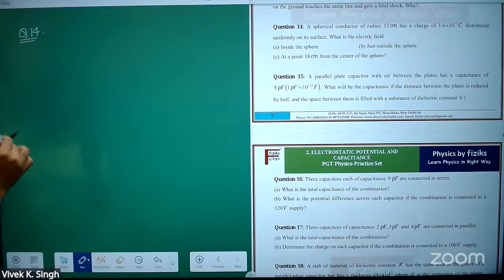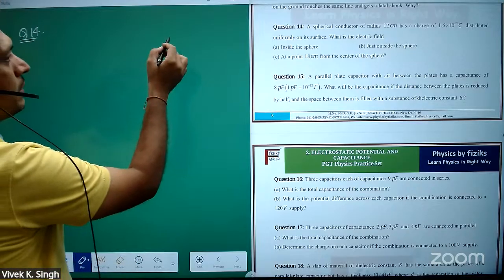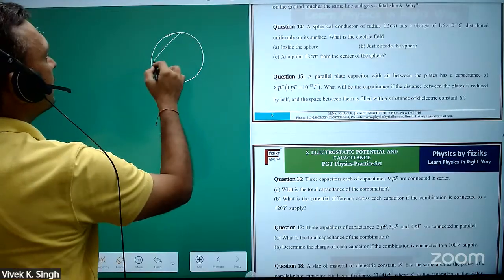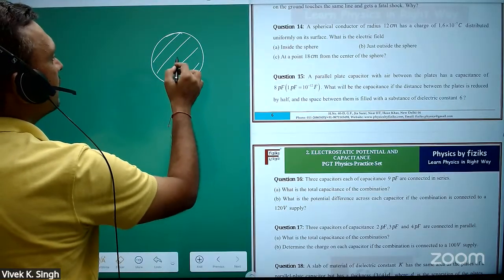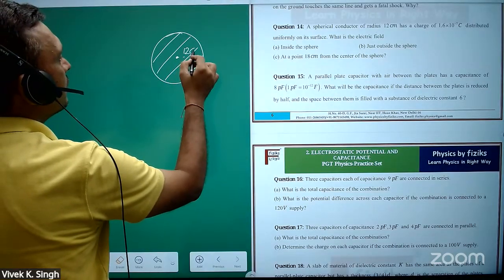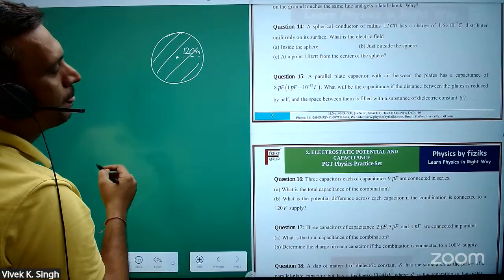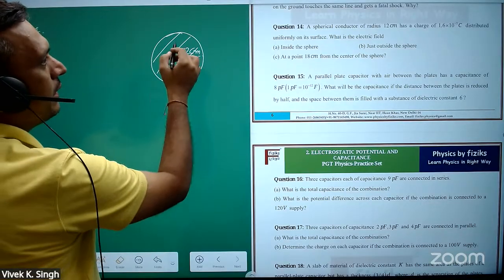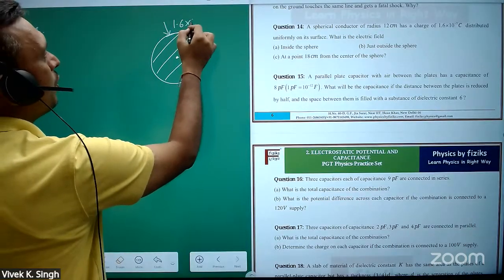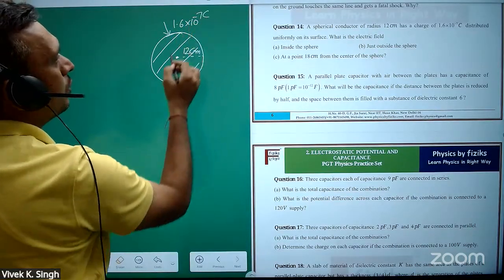So let's see question number 14. A spherical conductor of radius 12 centimeter, and it contains charge distributed over it, 1.6 times 10 to power minus 7 coulomb.